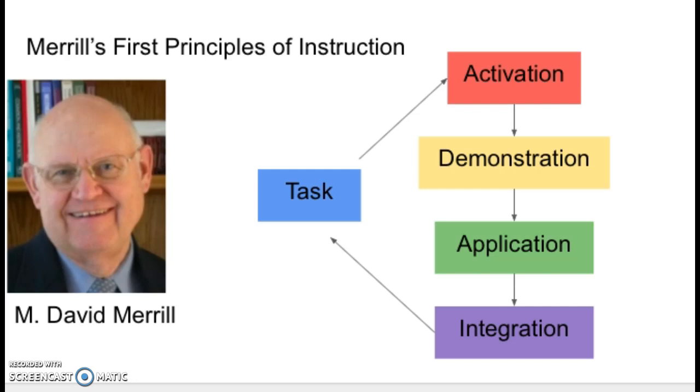Merrill says that learning is promoted when, first of all, the task is a real world or authentic task of learning. Then we activate prior knowledge, we demonstrate the new knowledge to the learner, we help them apply the new knowledge, and then eventually, when this knowledge is transferred, it becomes integrated into the learner's ability to continue to perform these authentic tasks.